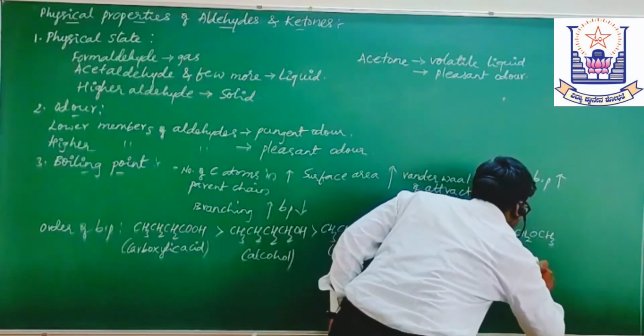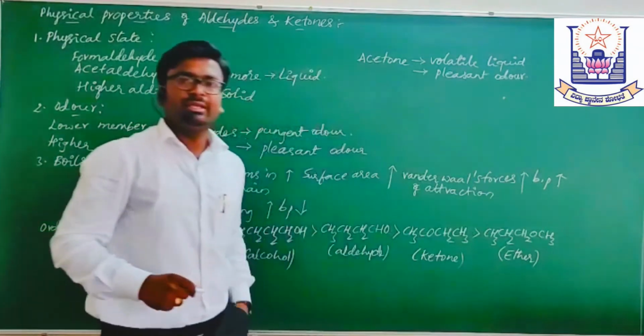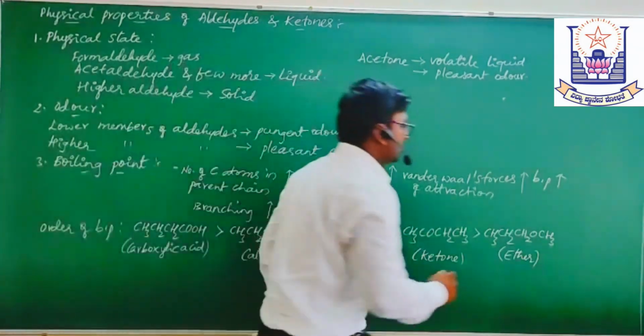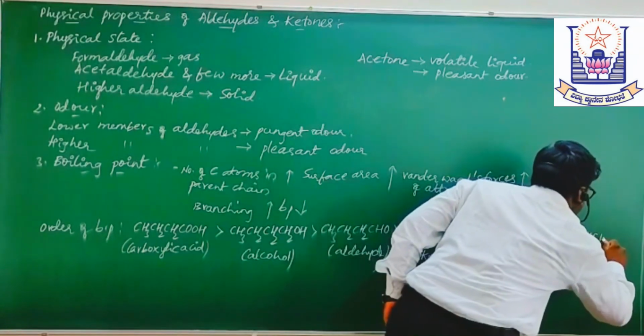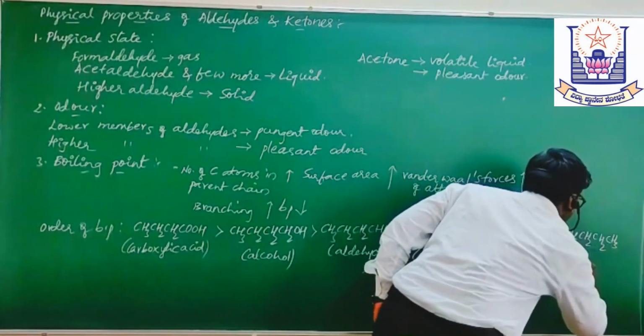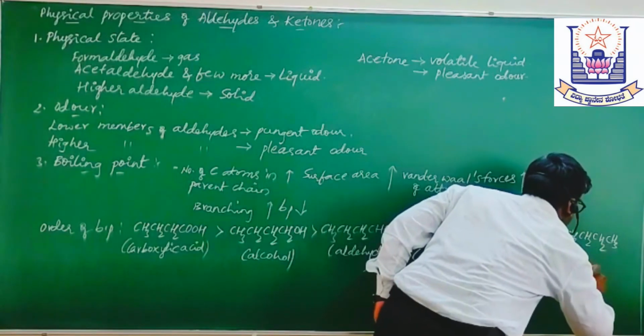Ketone, whose BP will be definitely higher than the hydrocarbon, that is butane, CH3, CH2, CH2, CH3. Okay, this is a hydrocarbon.